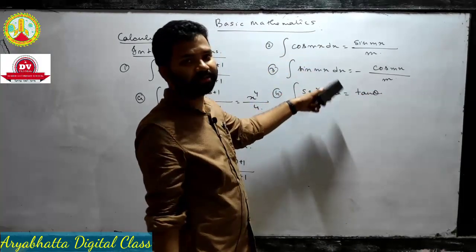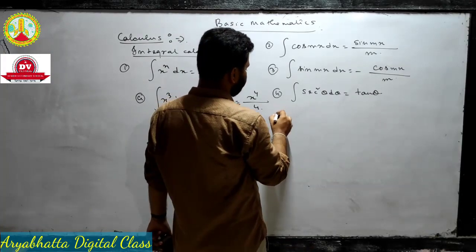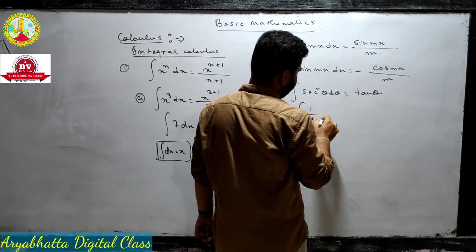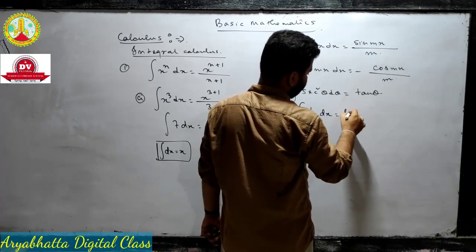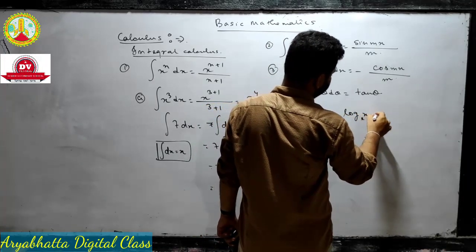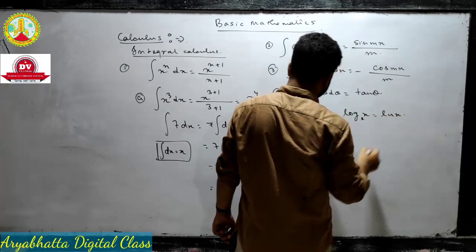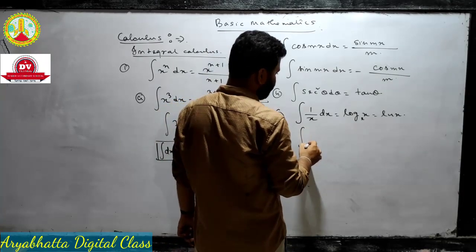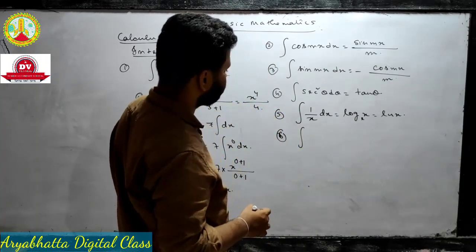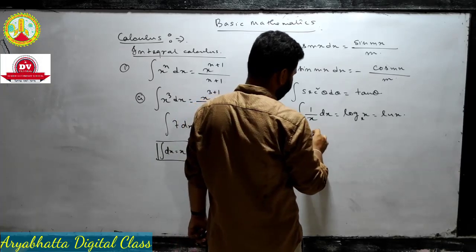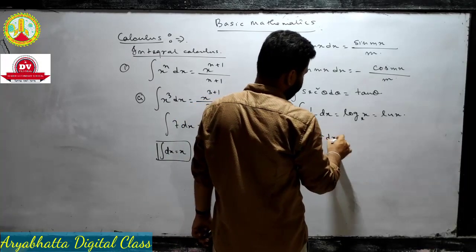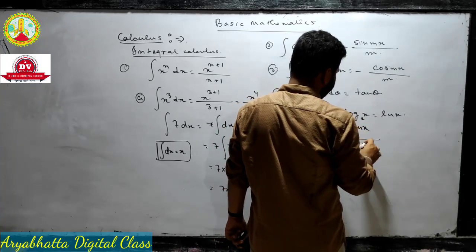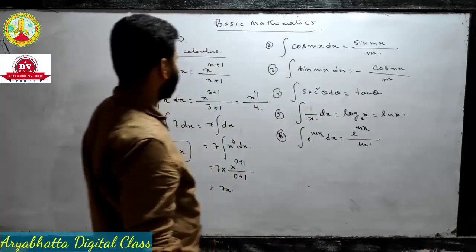I have changed from x to theta. Number 5, integration of 1 by x dx will be log base e x, that is ln x. Number 6, integration of e to the power mx dx, it will be e to the power mx by m, okay.